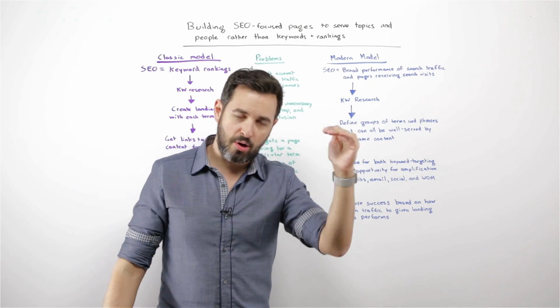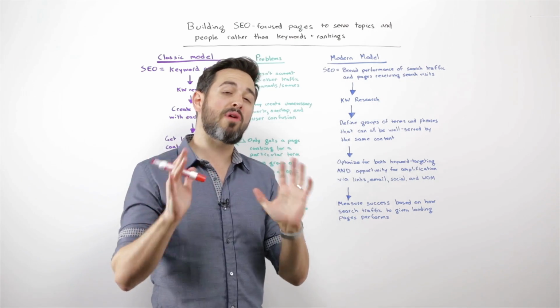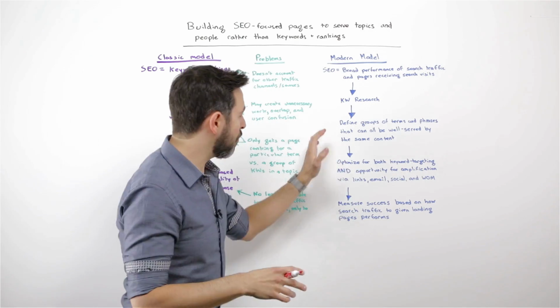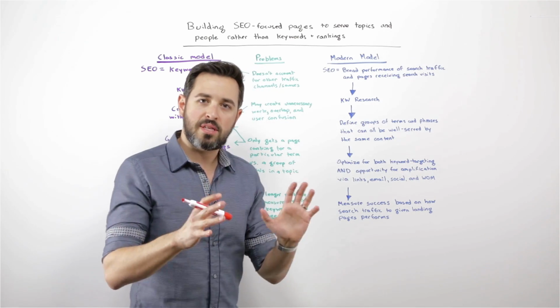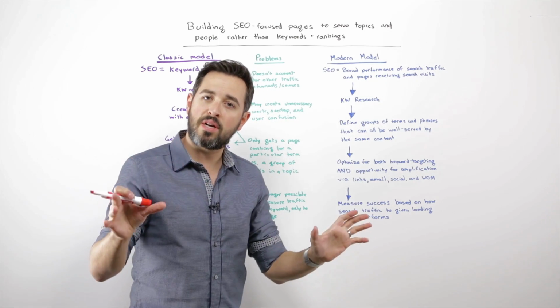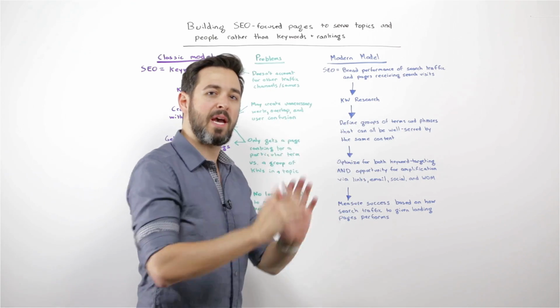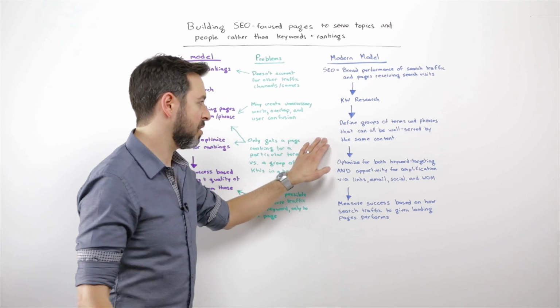Instead of saying blue bowling shoes and brown bowling shoes, I'm saying, I think I can have one great page around bowling shoes in general that's going to serve me really, really well. I'm going to have all different kinds, custom bowling shoes and all these different things. And maybe some of them deserve their own individual landing pages, but together, this group of keywords can be served by this page, and then these individual ones have their own targeted pages.